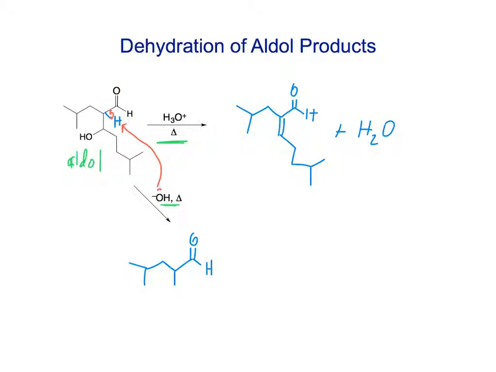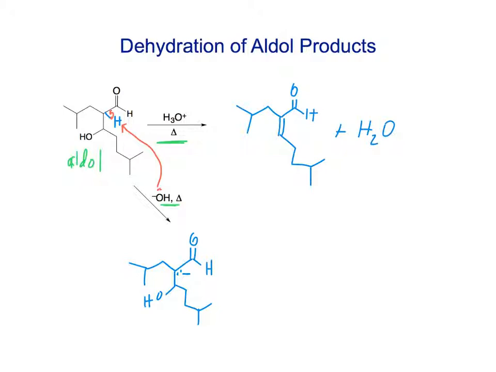The other reason this can happen is that the leaving group, the hydroxide, is not a very good leaving group. So we form this conjugate base, this enolate.